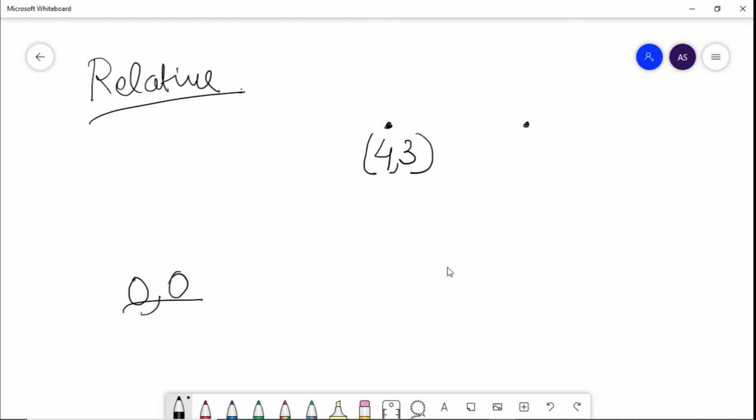It means the value of x at this point is 4 units, and the value of y at this point is 3 units. It means from 0, 0 I have moved 4 units in the x direction, and 3 units in the y direction.